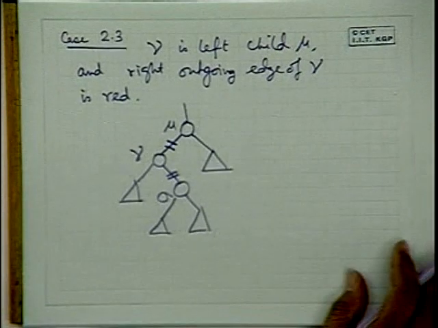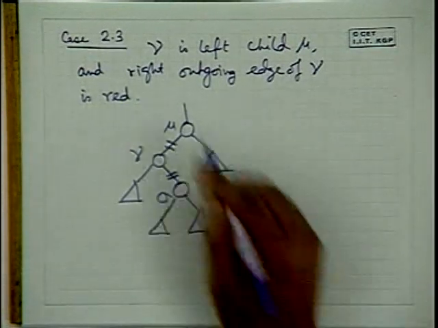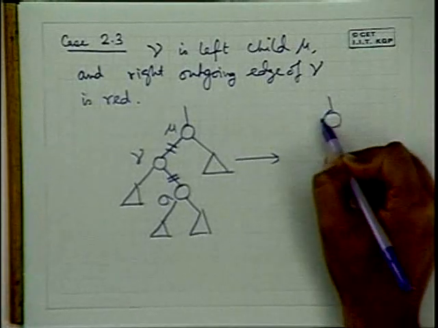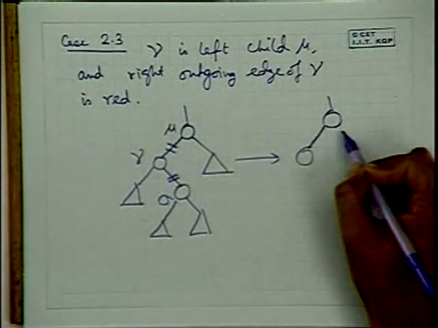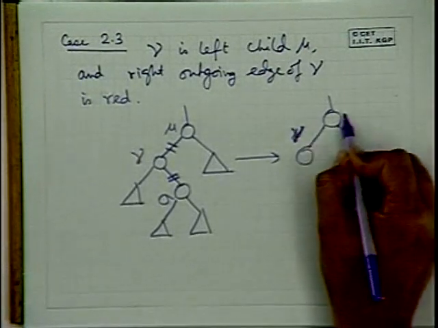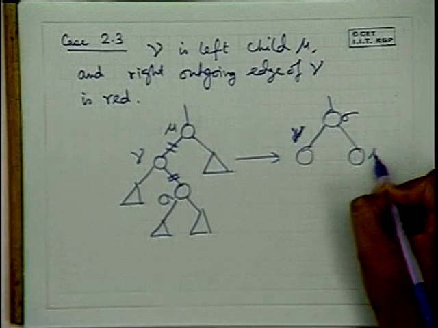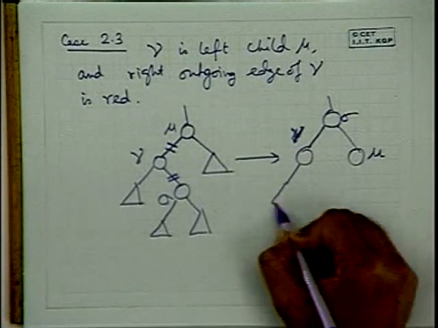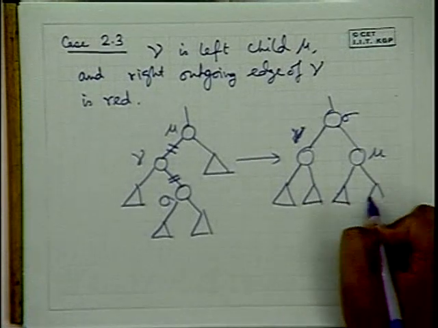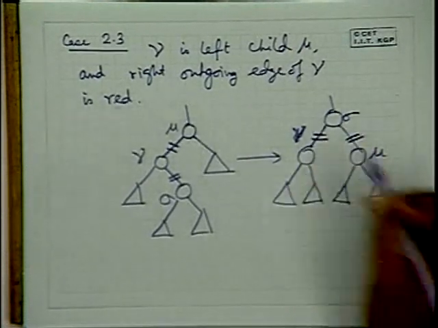So now what you do, just double rotate. You just do double rotation, then you will see it will be perfect. So you just double rotate it, and if you do a double rotation, you will get this configuration. This will be nu, this will be rho, this will be mu. This will be red, this will be red.